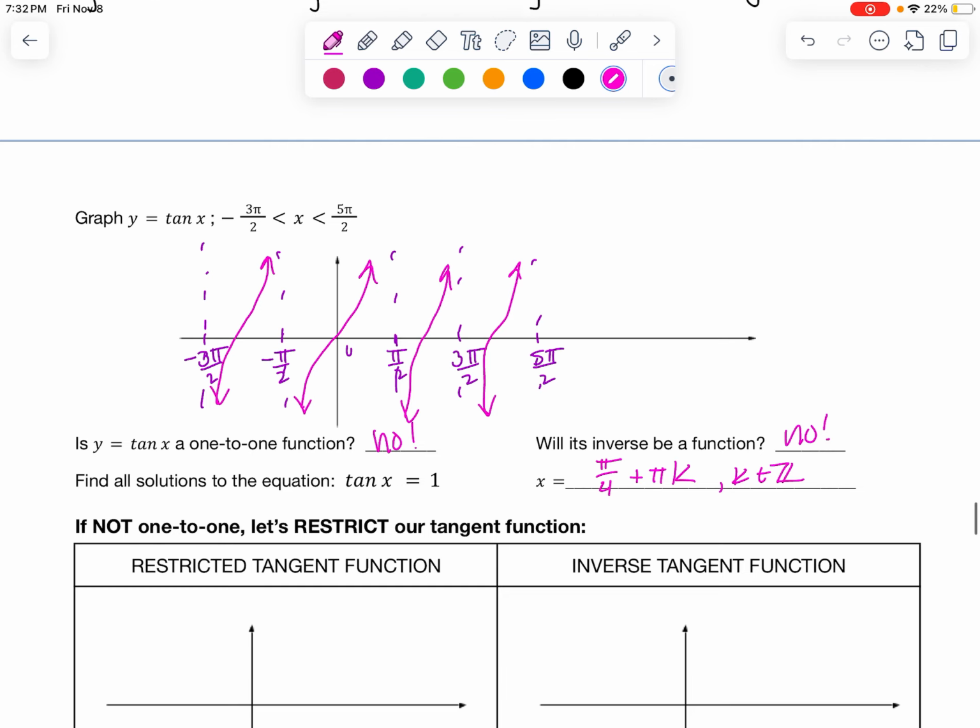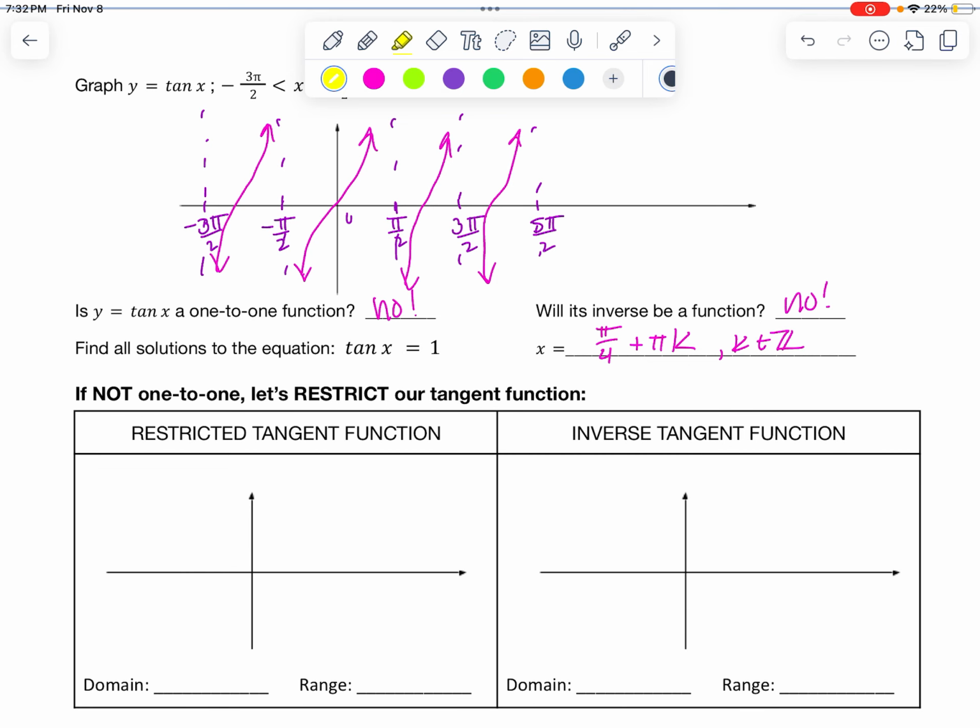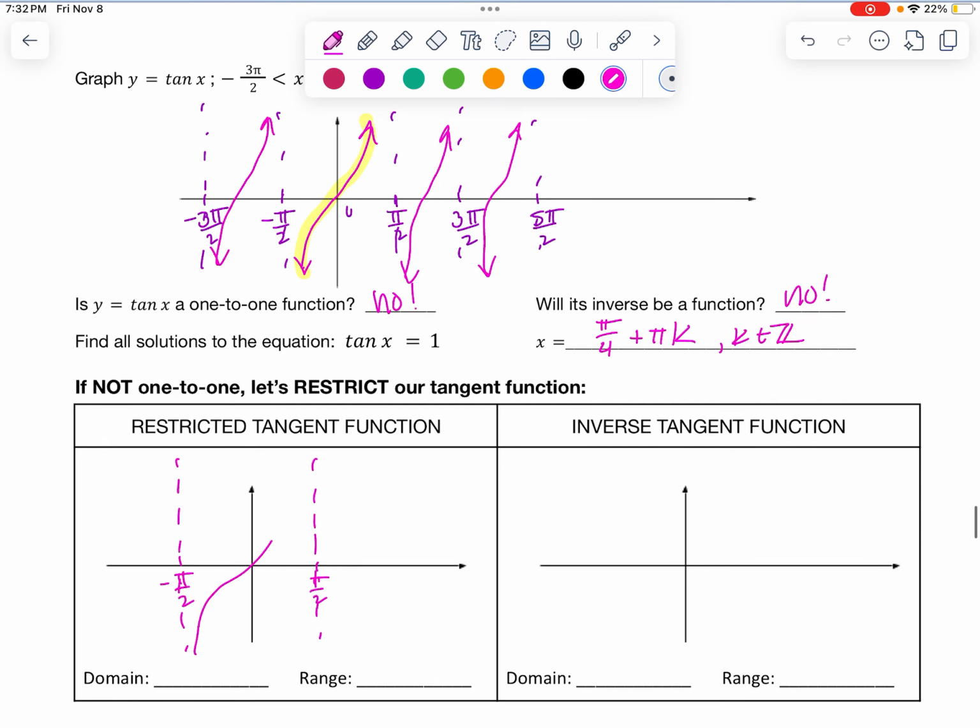Tangent's kind of nice because when we restrict it, we're just going to pull this full graph of my tangent. So I am going to have negative pi over 2, pi over 2. And those are my asymptotes. And then there is my tangent function.